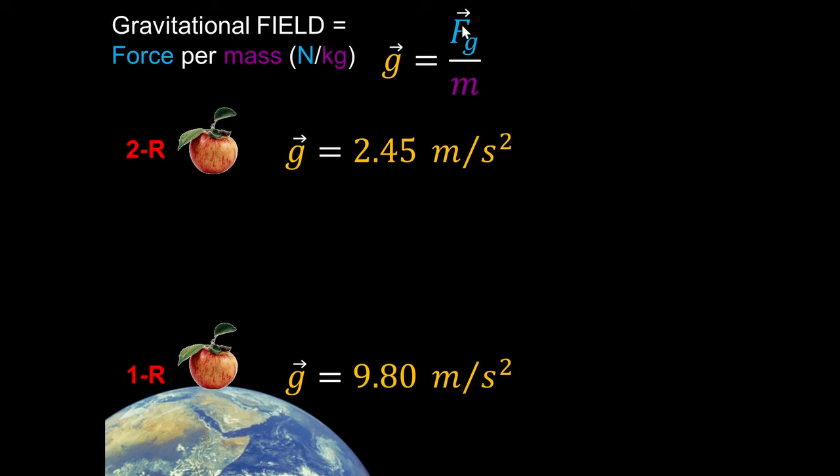The strength of the field is how much force there is per mass. So we'd measure the force in newtons, and we'd measure the mass in kilograms. Okay, which turns out to be an acceleration. So at Earth's surface, the gravitational field is 9.8 meters per second squared. Twice the distance, there'd be 1/4 the force, so the gravitational field would be 1/4 as much. Okay, just describing the property of space, that space puts a force on other masses.